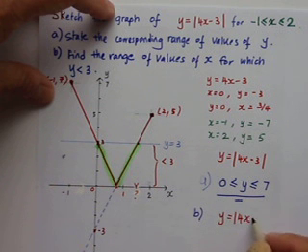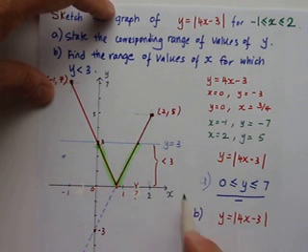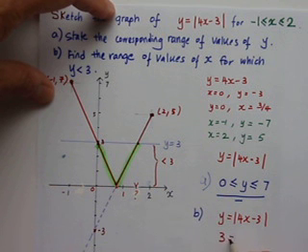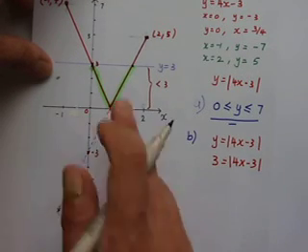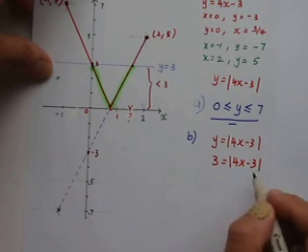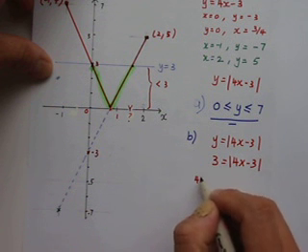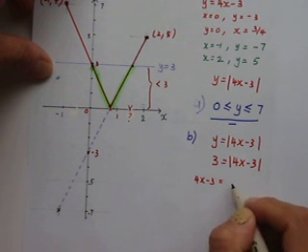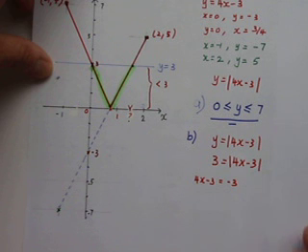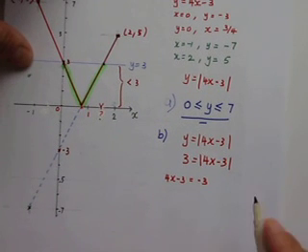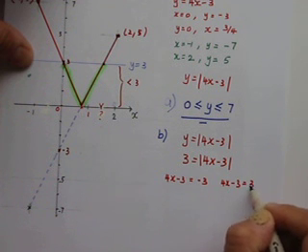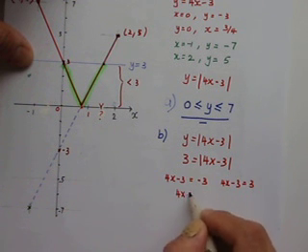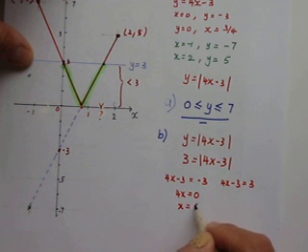So for this graph, if y equals 3, let's find out what these two values of x are. You already know how to solve a modulus function. So when you remove the modulo sign, it is -3 or 3. In this case, 4x equals 0, x equals 0.